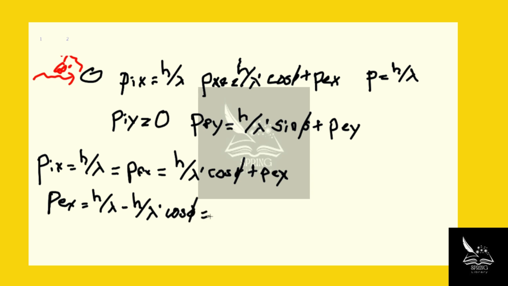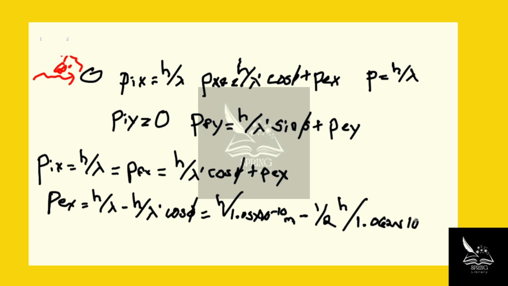We can plug in our numbers from the last part, so we have h over 1.05 times 10 to the negative 10 meters, and again, cosine of 60 is 1/2, minus 1/2 h over that new lambda, which was 1.062 times 10 to the negative 10 meters.